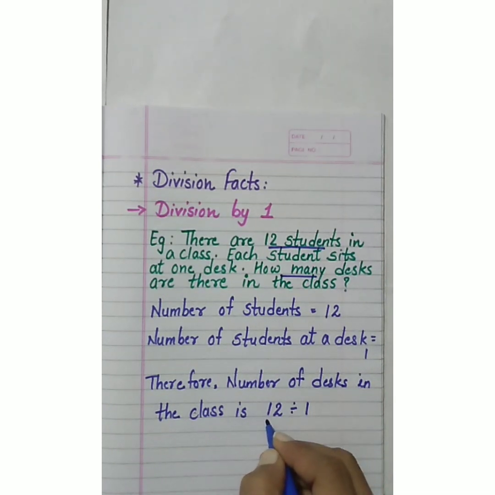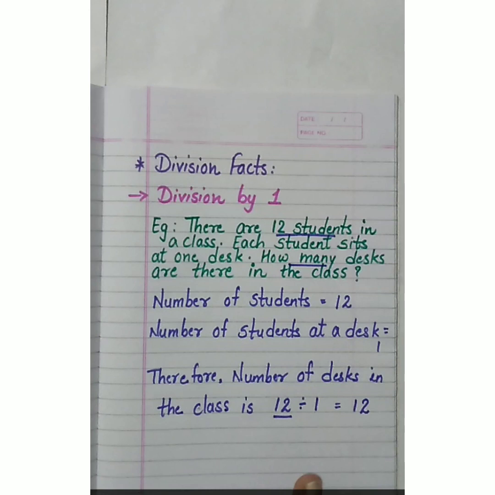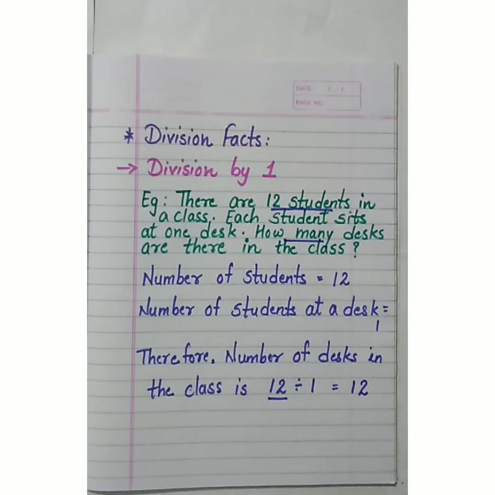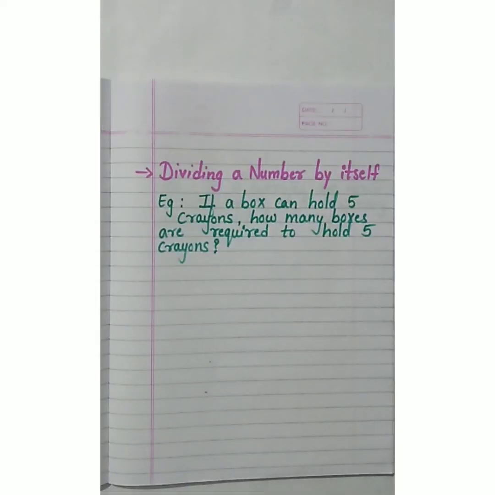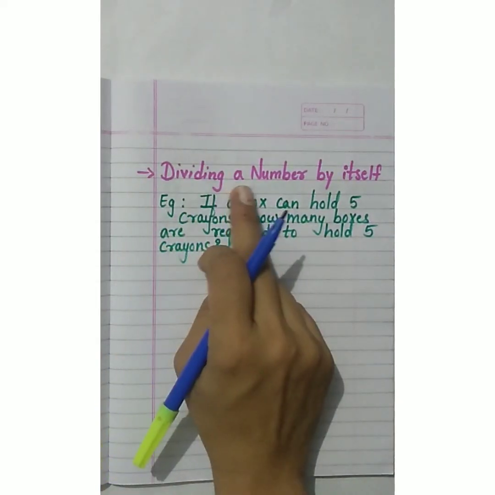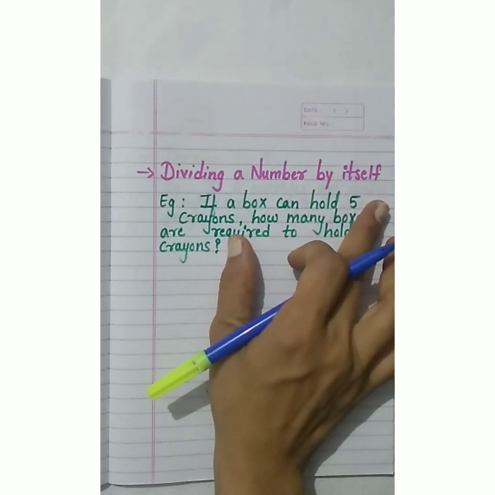So here dividend is 12. So our quotient will be 12. Isn't it very simple? Yes. If we divide any number by 1, we get the same number as quotient.